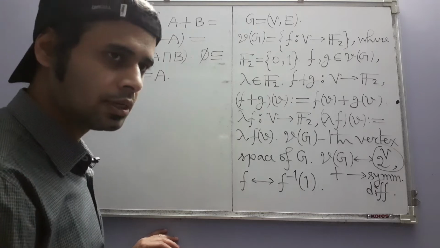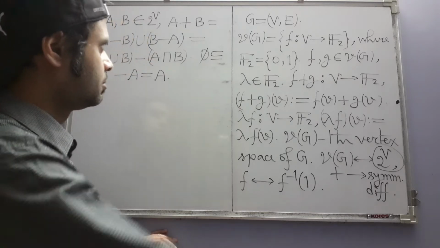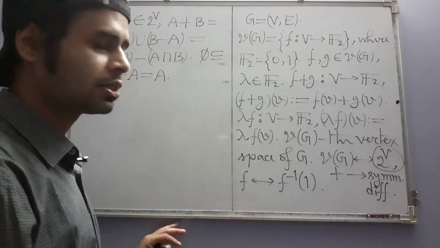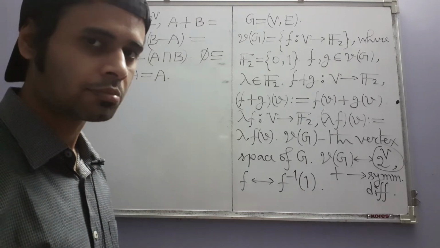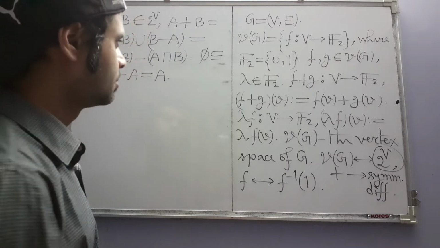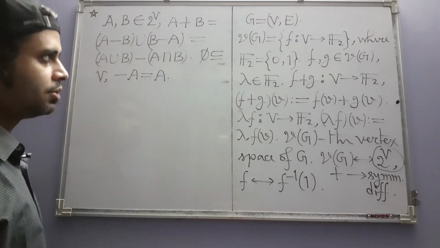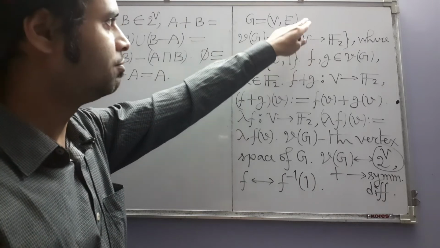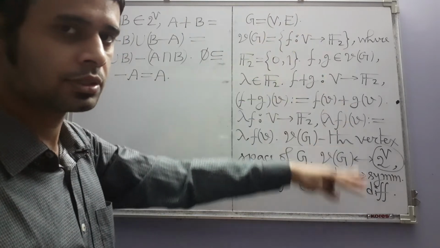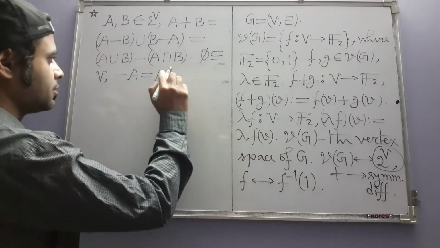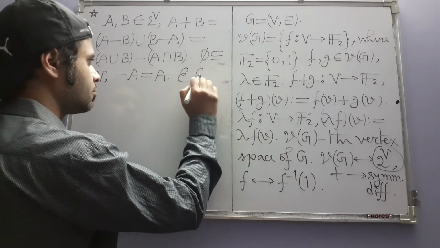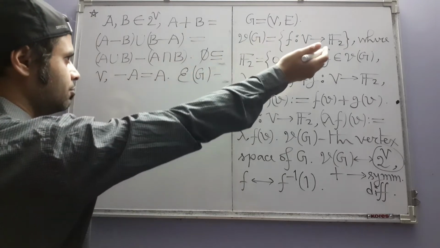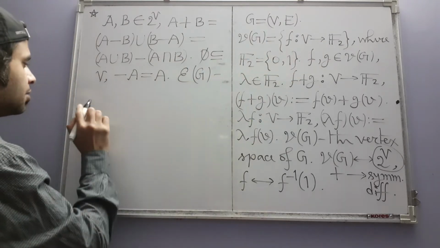We have also seen that the dimension of the vertex space is nothing but the order of the graph, that is the number of vertices in V. And all these things that we have done for V, if we replace V with E, then also some such things will be true, and then we get the edge space of G. If in place of V you have E, everything else is similar.